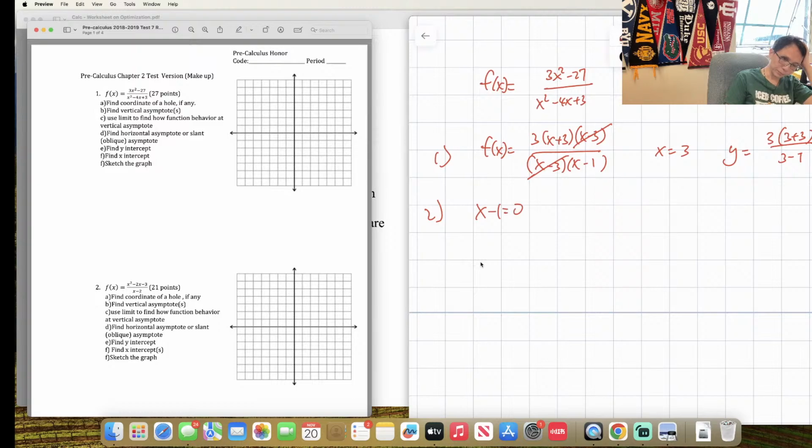Horizontal, no, it's 0. Okay, so those would be like 1. So the intercept is y.